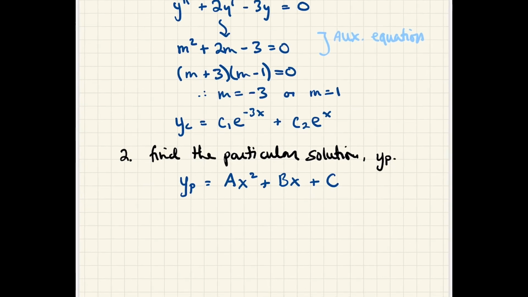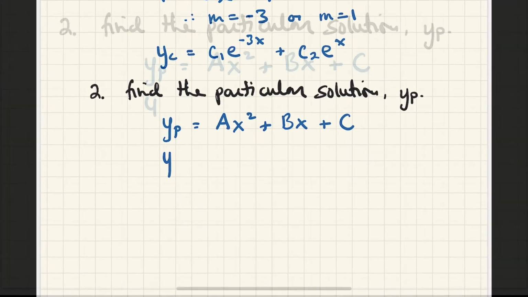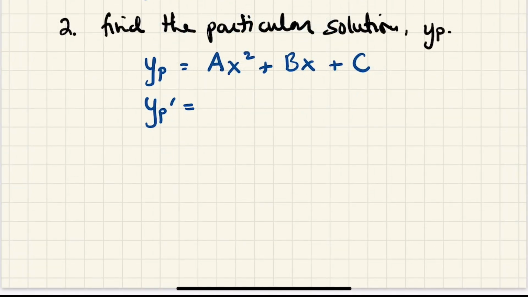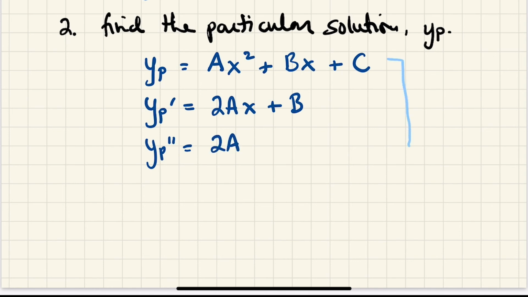So returning to our trial particular solution here, let's take its first derivative, which is 2ax plus b, and let's take its second derivative, which is 2a. And now we're going to replace these forms in the original differential equation.